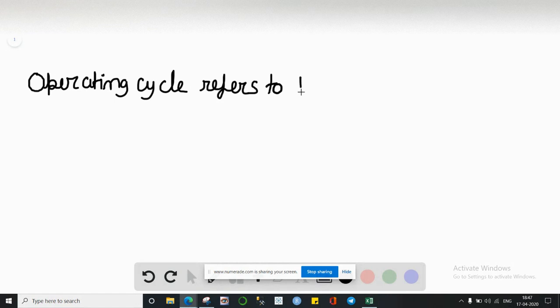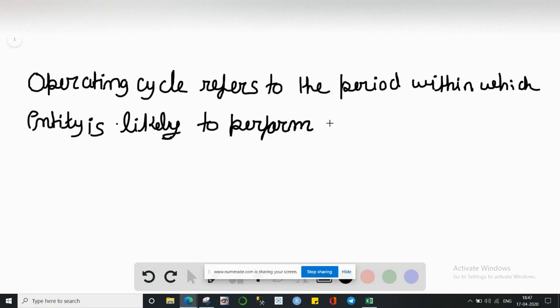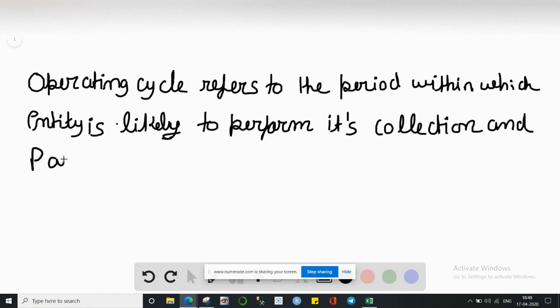Operating cycle refers to the period within which an entity is likely to perform its collection and payable obligations timely.